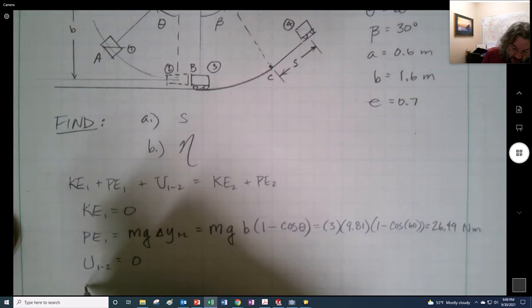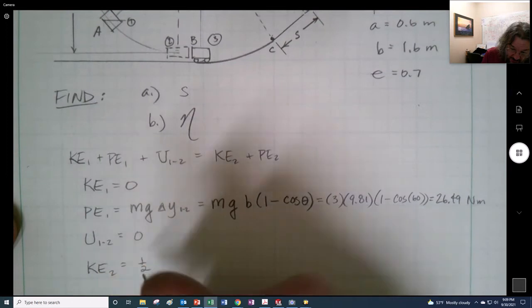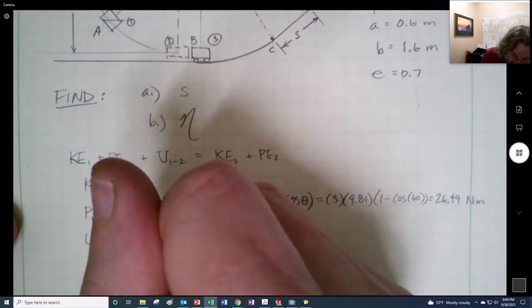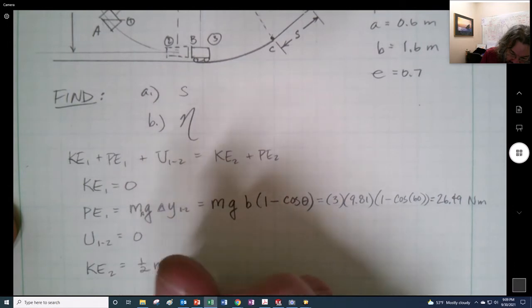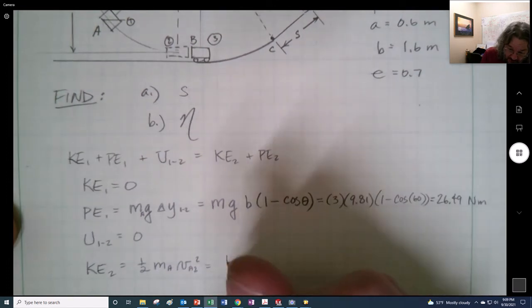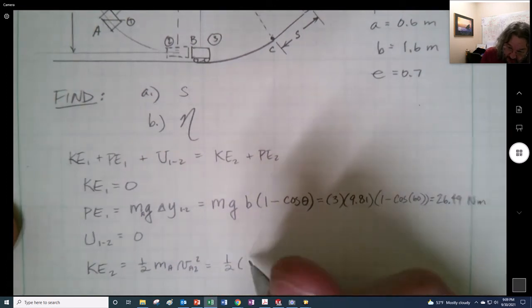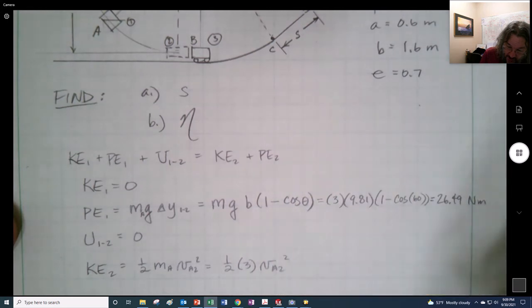The kinetic energy at state 2 is 1/2 times the mass of A times the velocity of A at 2 squared, so 1/2 times 3 times VA2 squared.